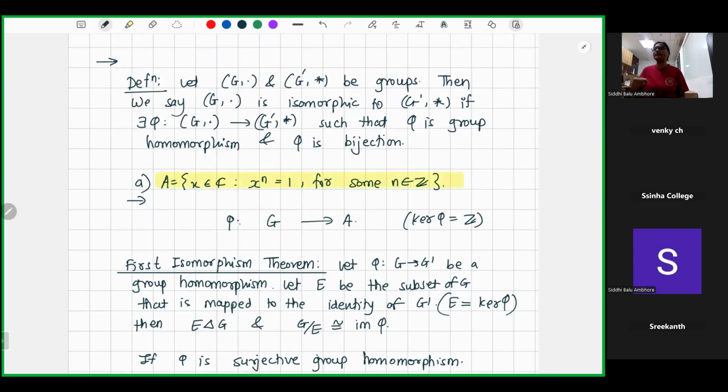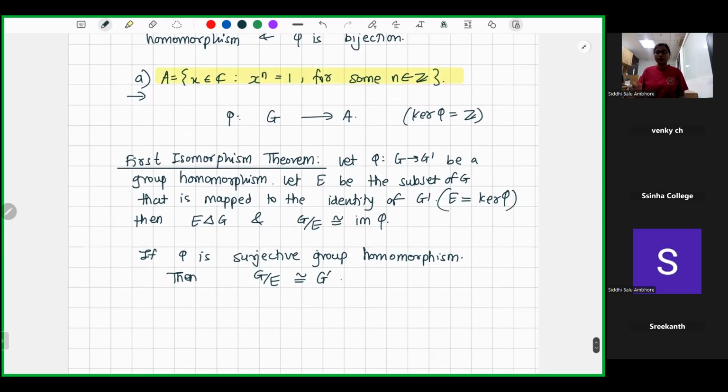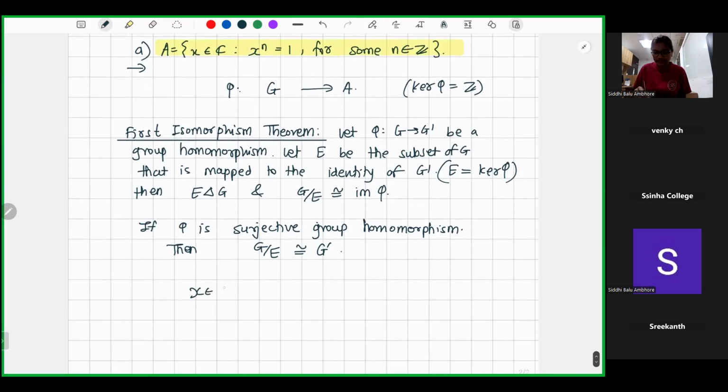If I take any x in this A, then x power n is 1 for some n, and even for products and so on. This forms a group, and each and every element here has finite order in C.